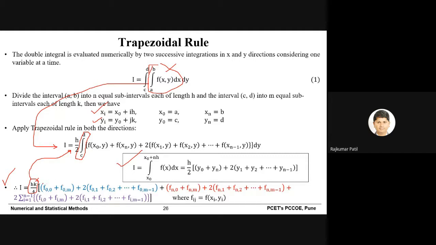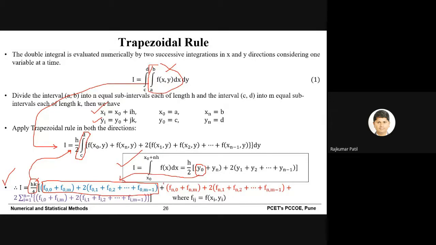Now when we enter into the bracket, you will see the part of the equation highlighted by blue color. There you can see f00, f0m plus 2 into f01, f02 up to f0 m minus 1. This particular part is the y0. We can analogically correlate.